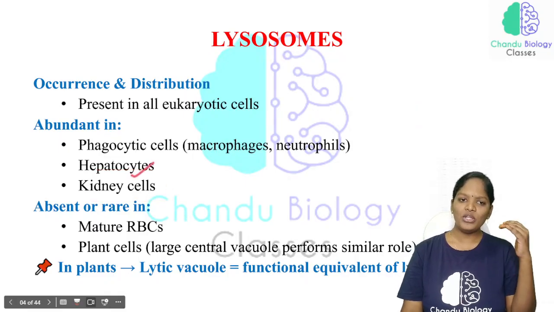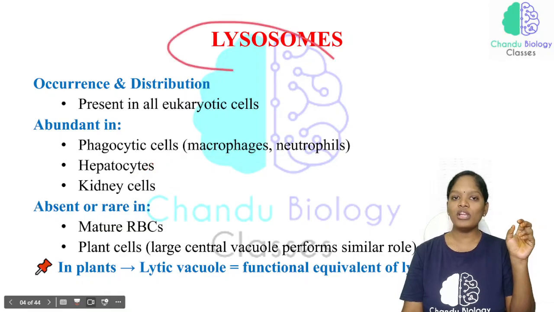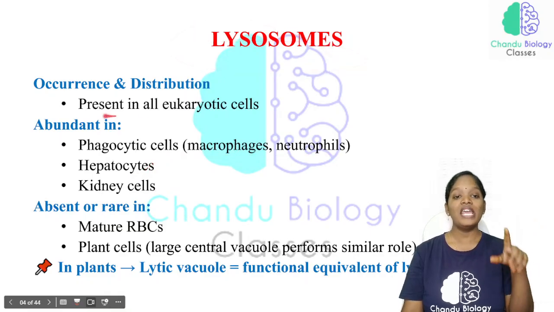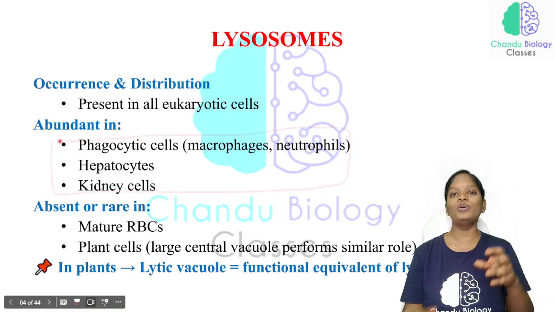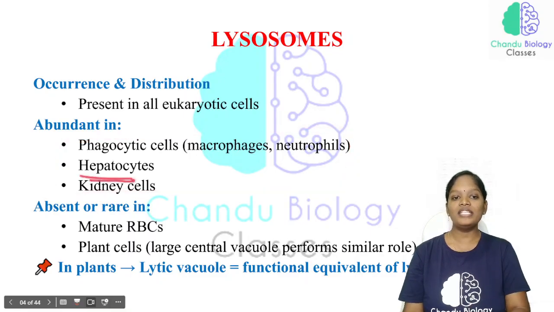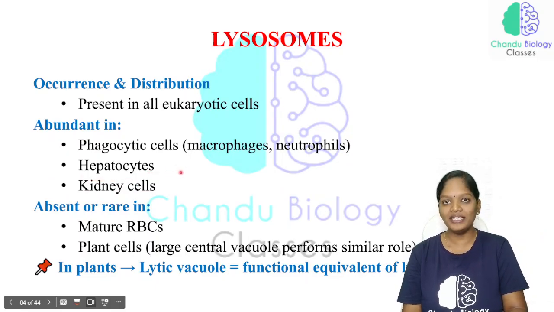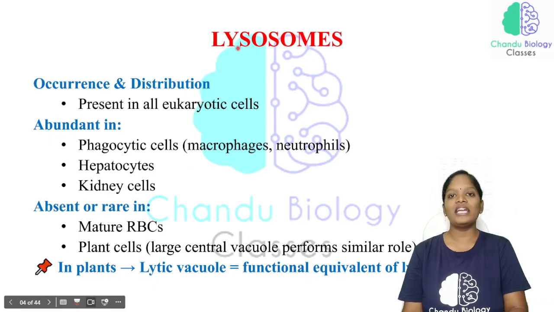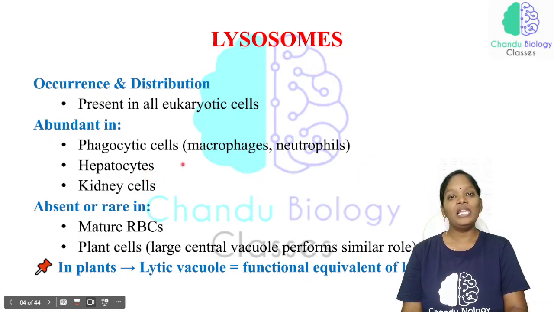Why do liver cells, kidney cells, macrophages and neutrophils have more lysosomes? Because these cells are in need of lysosomes. In the case of hepatocytes, they have to digest toxic materials. Detoxification is done in the liver, so obviously lysosomes are needed in liver cells.